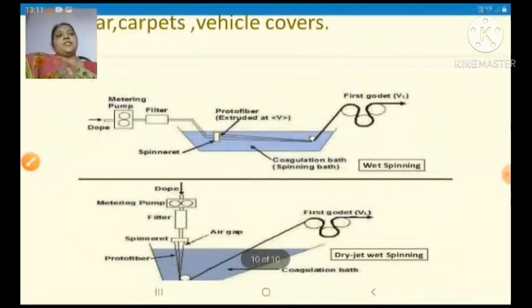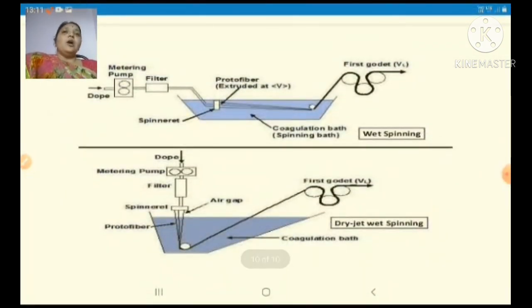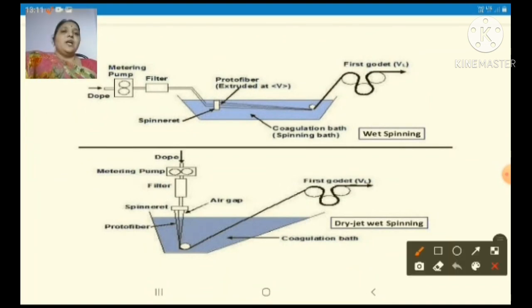Now here is a picture which helps us to understand dry spinning and wet spinning. So here you can see, as in dry spinning, what we have just discussed, the polymer is forced into air, warm air, hot air, and then it is passed into liquid and then it is dried out.